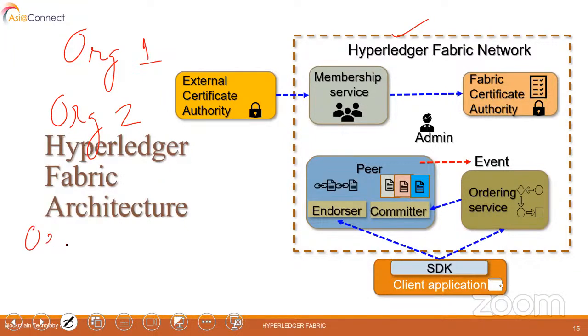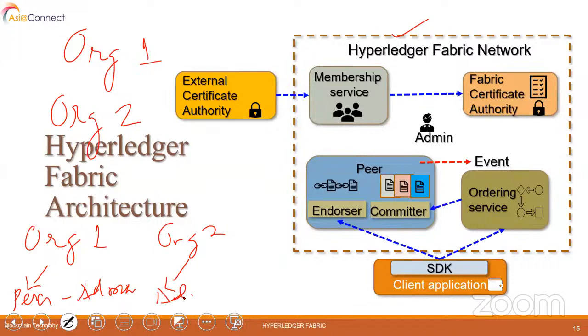So org1 is supposedly deputing one admin person who can manage the network very well. So there is a peer who is deputed by org1 as admin peer. And suppose org2 also deputes another admin person. So these will be the admin people who will be managing the network. So these are the peers.